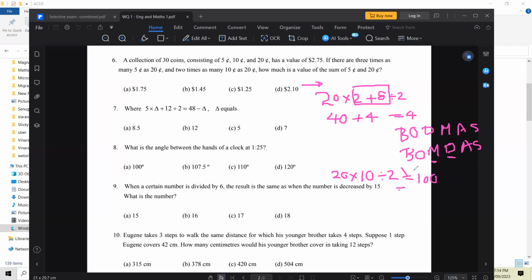Right? Can you write down this one in your book? And this is wrong. Cross mark. Right? Because addition is last. BODMAS, BOMDAS, BIDMAS.